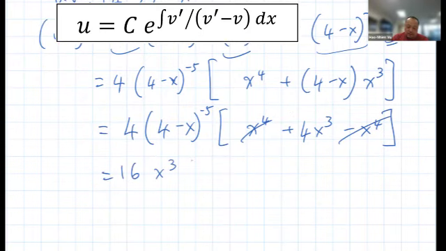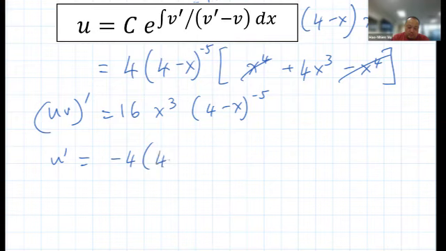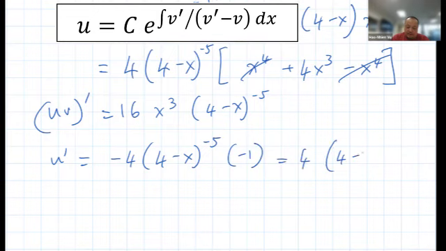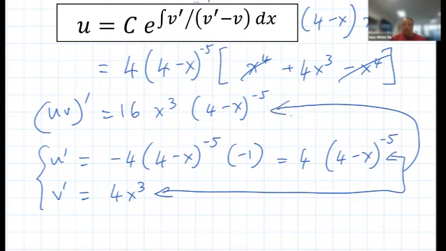All of this is uv prime. U prime by itself is negative 4 times 4 minus x to the negative 5 times negative 1, which is 4 times 4 minus x to the negative 5. V prime by itself is 4x cubed. Oh, look, if I multiply them together, then yep, I definitely get uv prime.